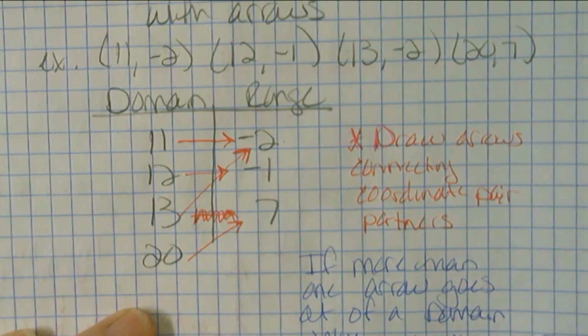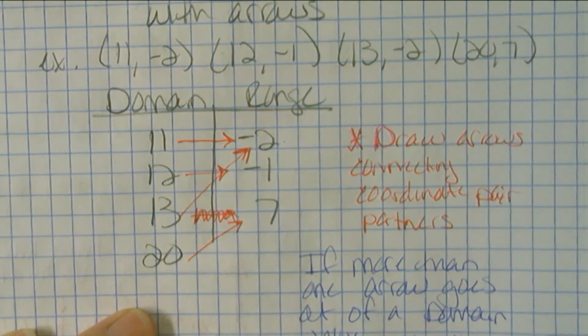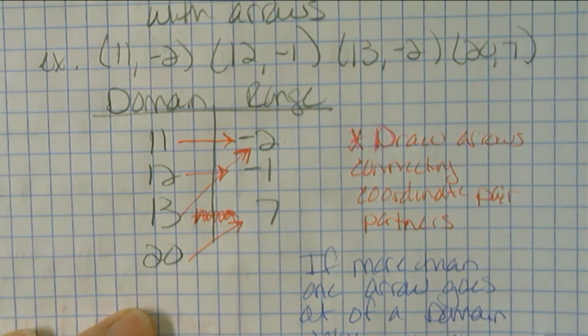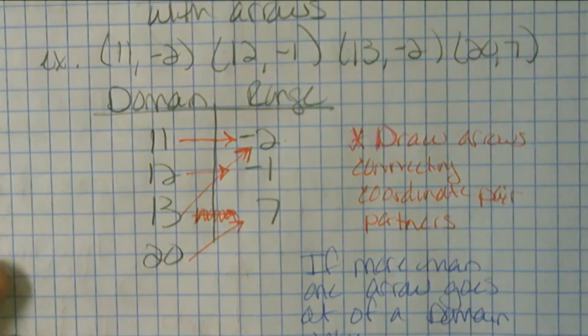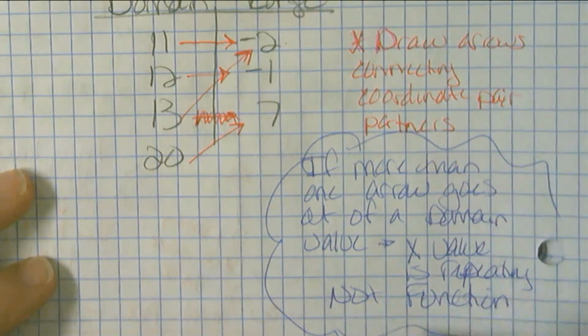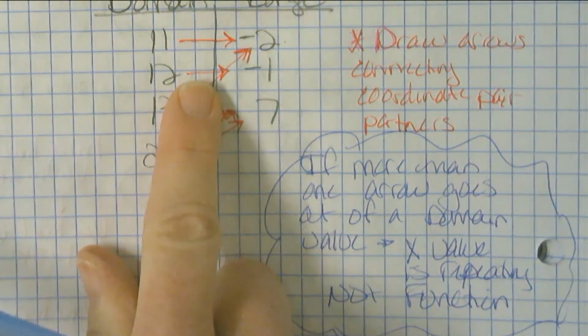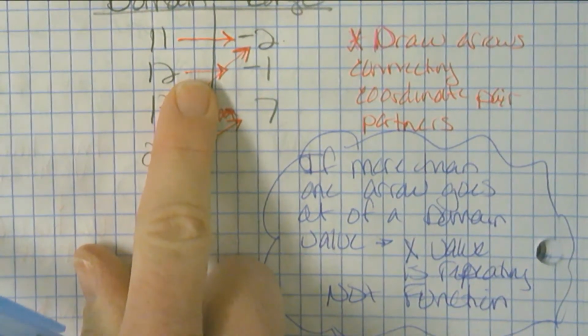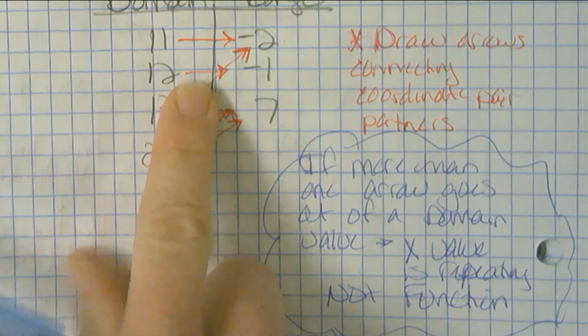That's not a function. That is what we're looking for. We're looking to see if more than one arrow goes out of a domain value. If so, it is not a function.